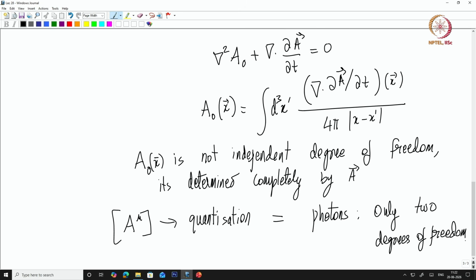So now you are saying that there are not 4 degrees of freedom A0, A1, A2, A3, but instead A0 is completely determined by A bar.